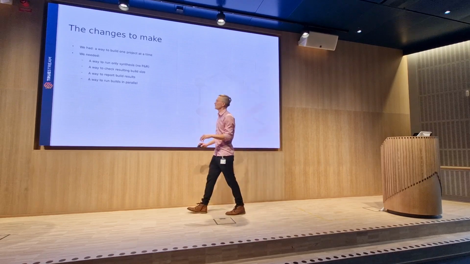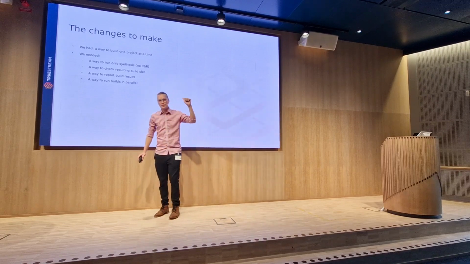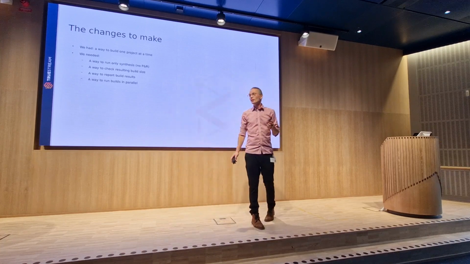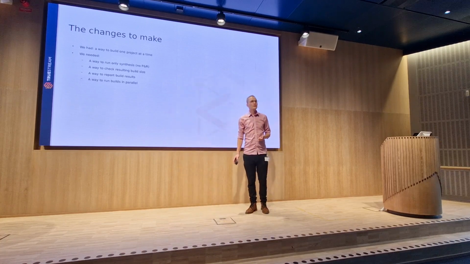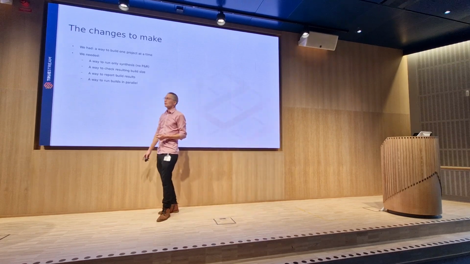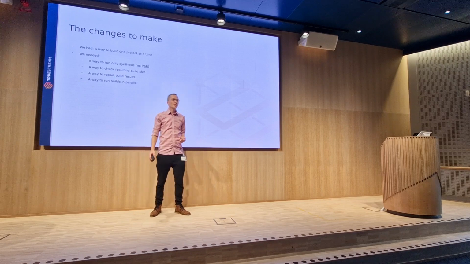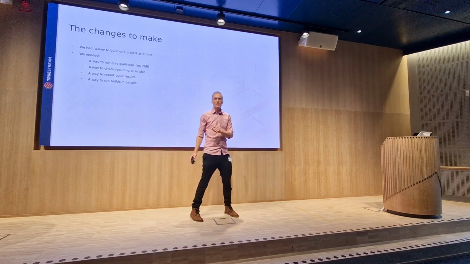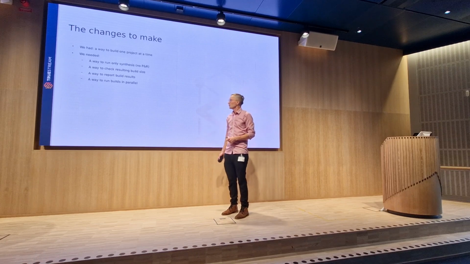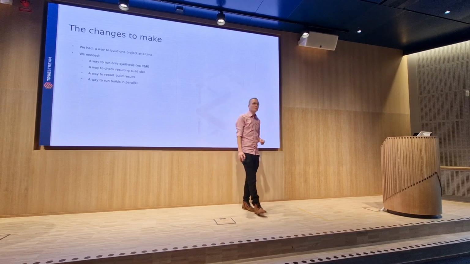What we now needed was a way to run only synthesis, no place and route, just synthesis and get the numbers. And then to check these numbers against the expected result. We also need a way to report our results in a nice looking fashion, like you saw earlier with VUnit. And a way to run builds in parallel.